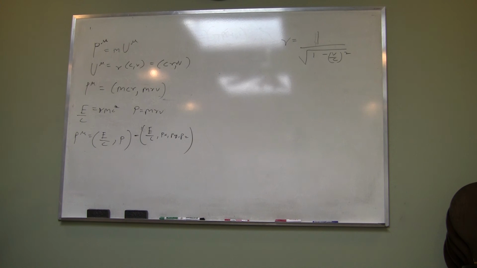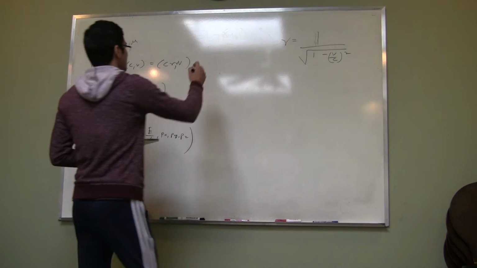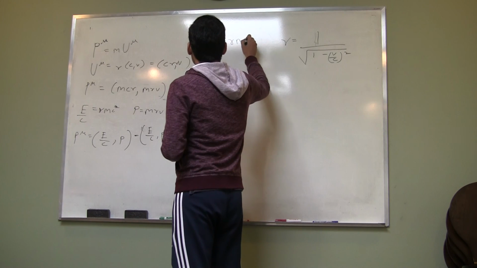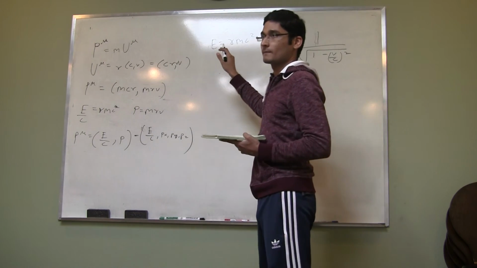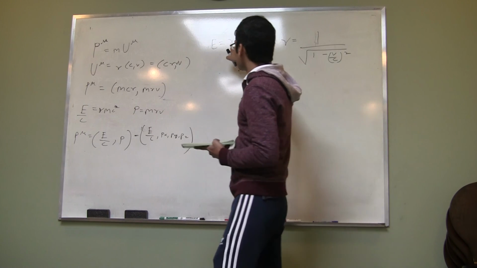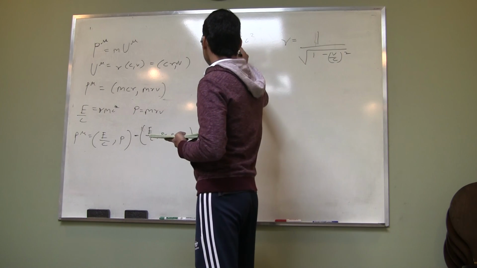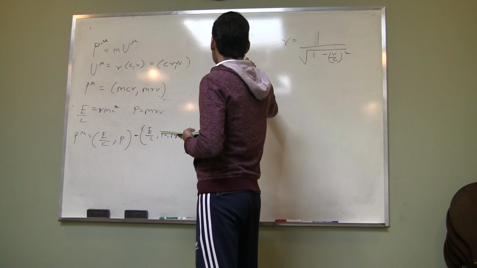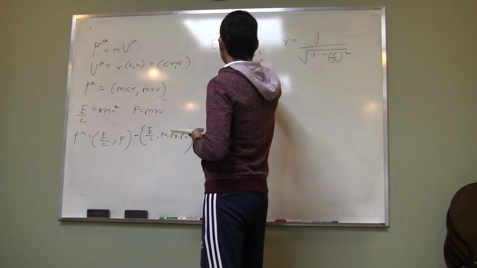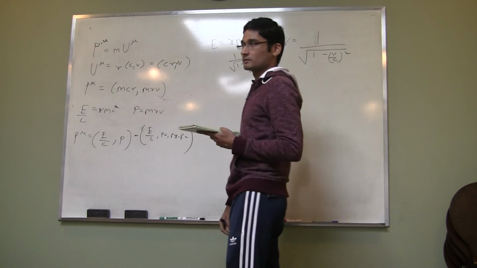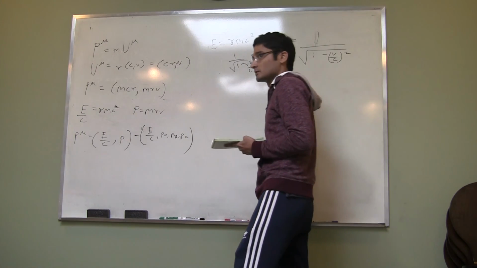So it really is the total energy. So E is actually equal to gamma mc square, not mc square. When velocity is 0, gamma is 1. So that really is the total energy, not just the kinetic.